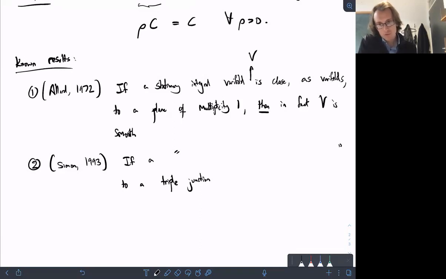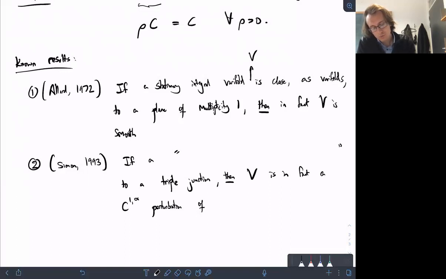So it's a multiplicity 1 triple junction, just as we drew above. Then V is in fact a C^{1,alpha} perturbation, or graph, of the triple junction.